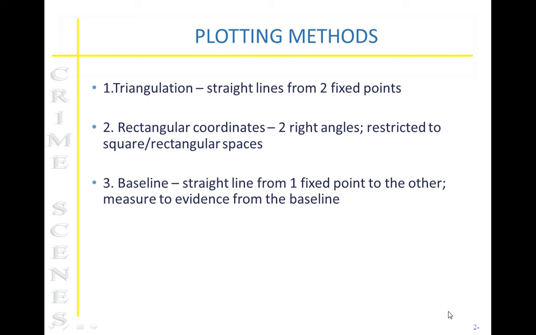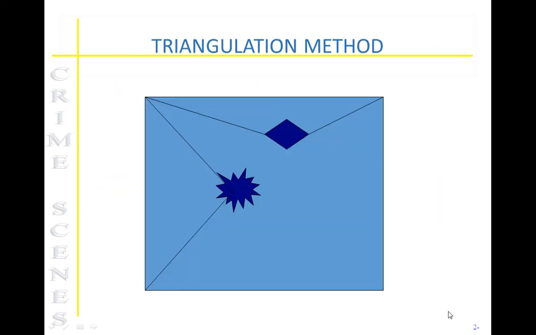With your triangulation method, you typically use straight lines from two fixed points that you measure from. With the rectangular coordinates, you usually develop right angles to take your measurements from, and with a baseline, there's a fixed straight line that you actually measure from to your points that you're wanting to identify.